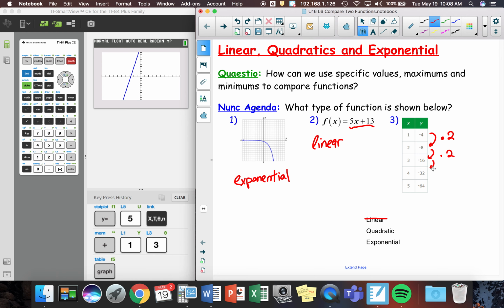I'm going to keep going, just to be sure. -16 times 2 gives me -32. And -32 times 2 gives me -64. Because we have a multiplying pattern here, this is exponential. Remember, exponential functions have multiplying patterns.